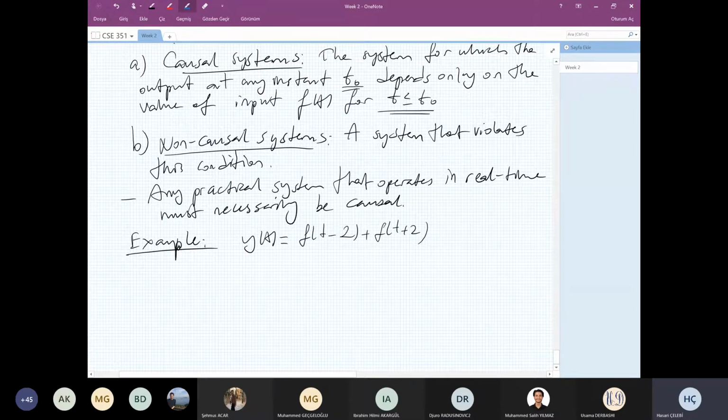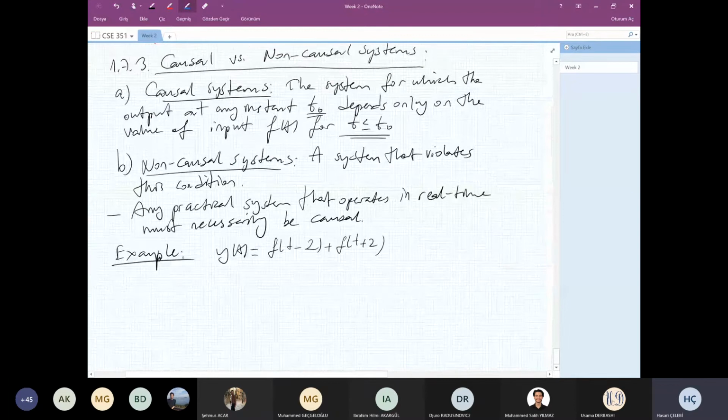In other words, a causal system only depends on the past and present samples. It doesn't depend on the future samples or inputs. Such a system is called a causal system.